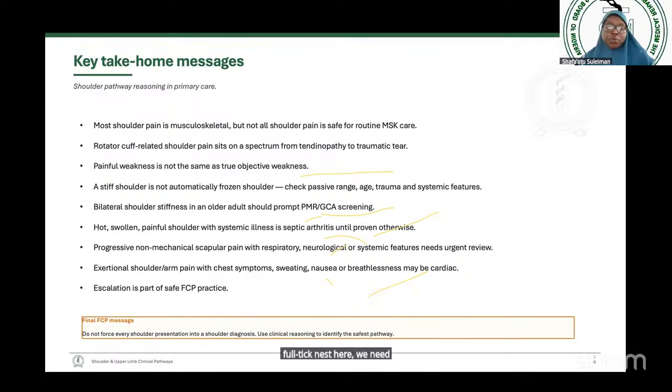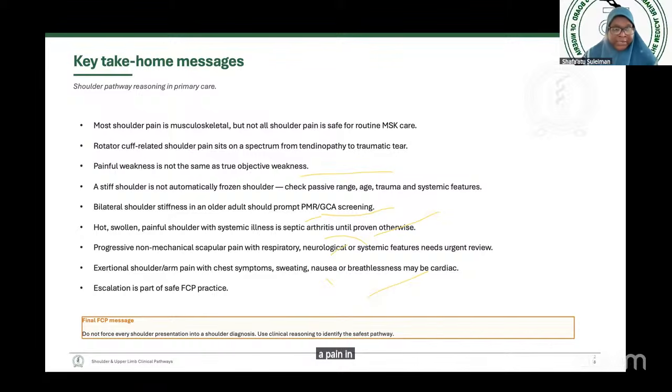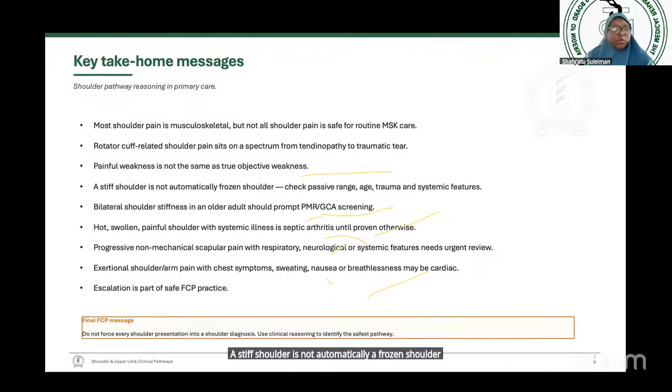We need to make it clear which one we are dealing with. Painful weakness is not the same as true objective weakness. So if you've got a weakness, you've got to assess properly. Is it a true weakness or a pain-inhibited weakness? A stiff shoulder is not automatically a frozen shoulder. So with stiffness, we need to check, it's not automatically a frozen shoulder.